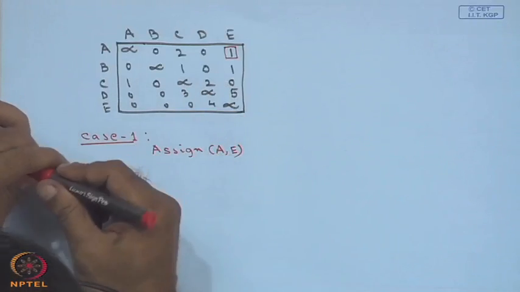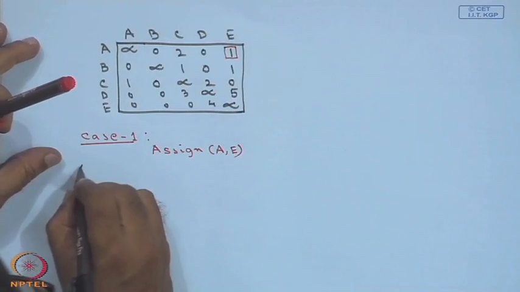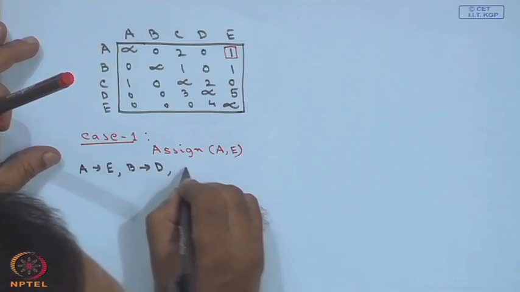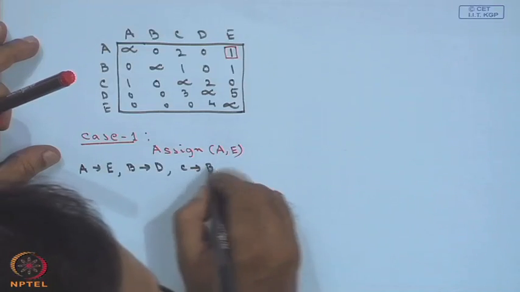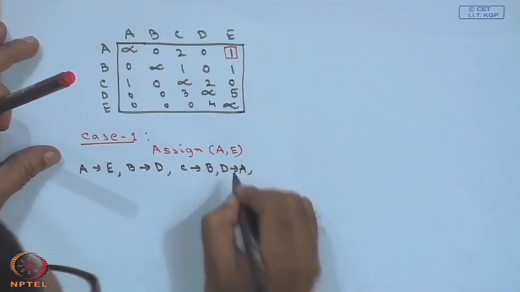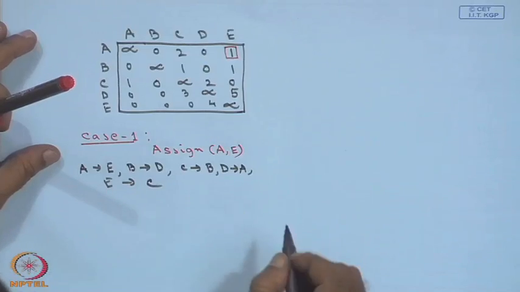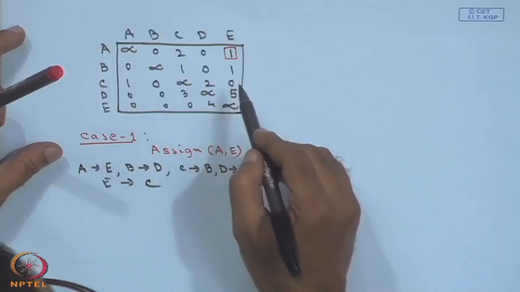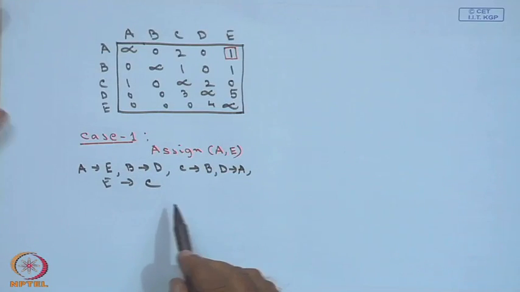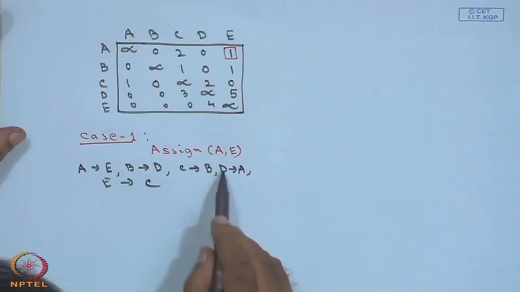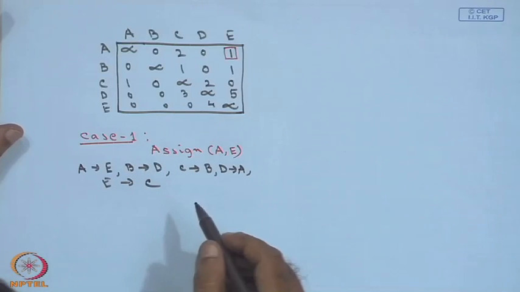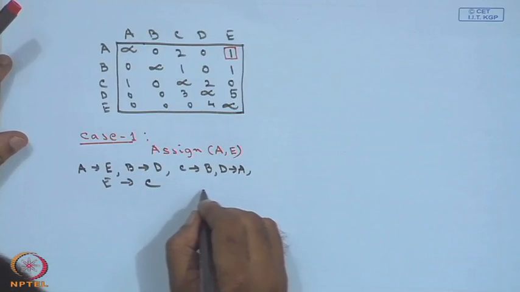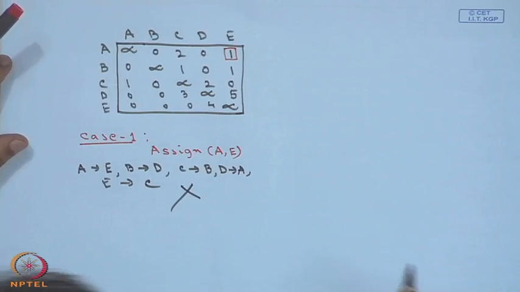If you assign like this, you will obtain the assignment: A to E, B to D, you can check it on your own, C to B, D to A and E to C. So, for case 1, first you assign A to E, then assign the others following the same rule we have followed earlier. Again, this assignment is not satisfying the criteria of the travelling salesman problem. So, this is not the optimal solution.